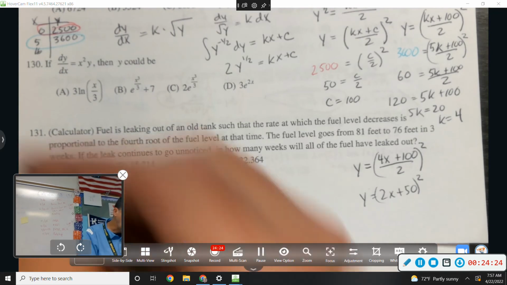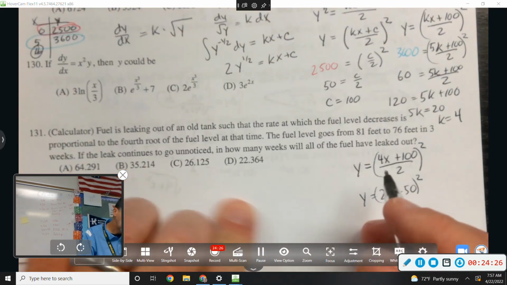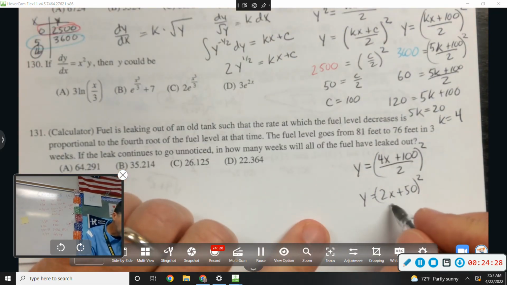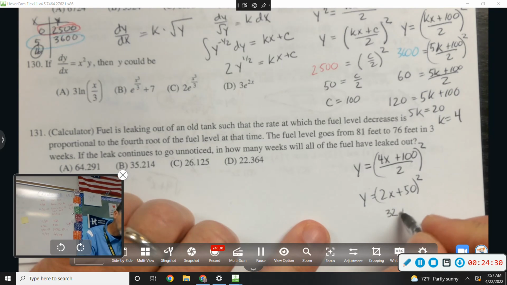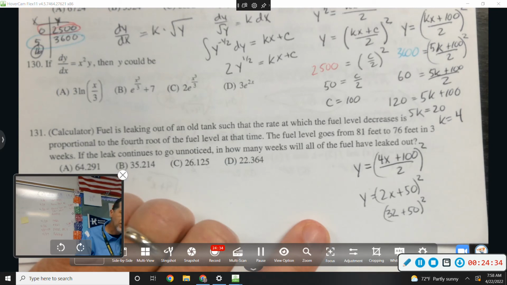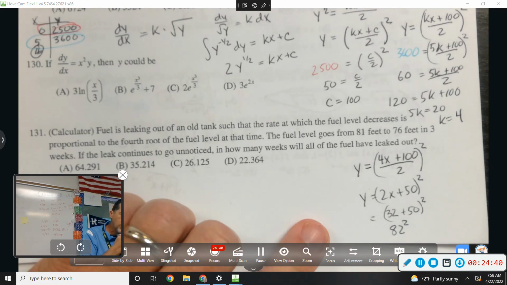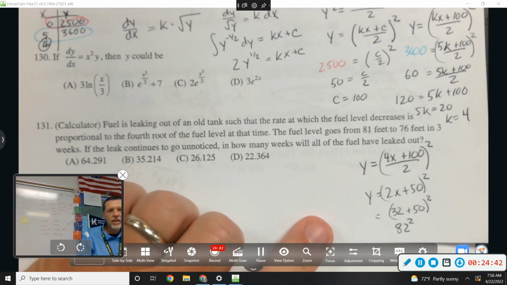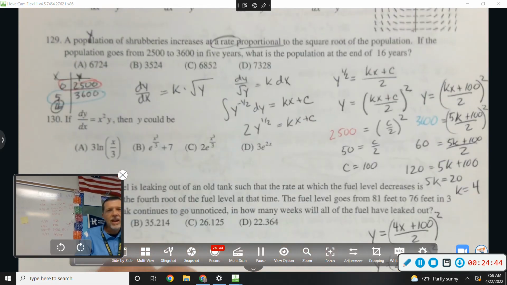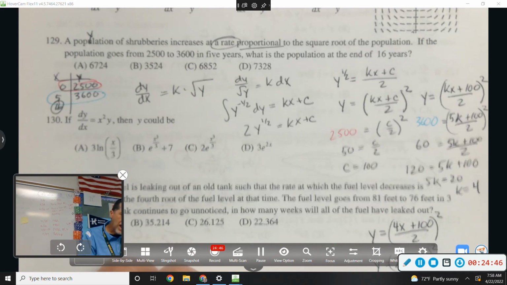So if I plug in 16, 2 times 16 is 32. 32 plus 50 squared. I don't know if this would be a calculator one or not. Whatever 82 squared is. Let's see, 82 squared. 80 squared is 6,400.